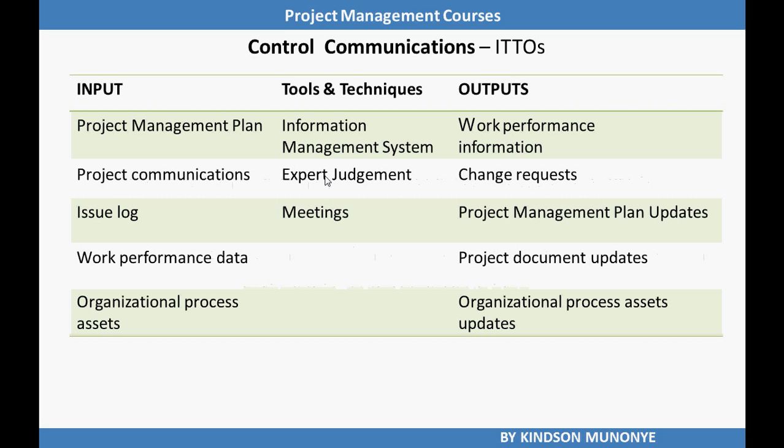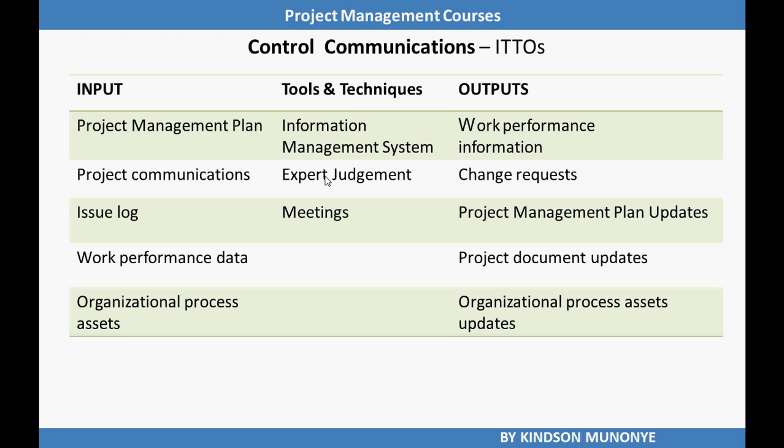Alright, let's now look at the ITTOs of the control communications process. I have listed the ITTOs in the table there. We have the project management plan as the first input, and the project communications.